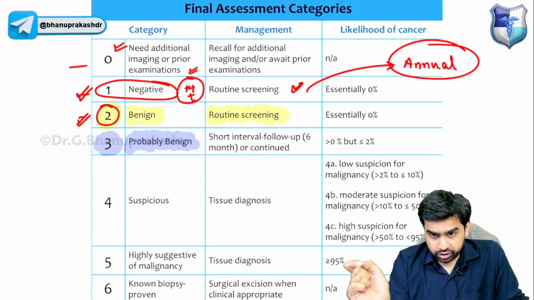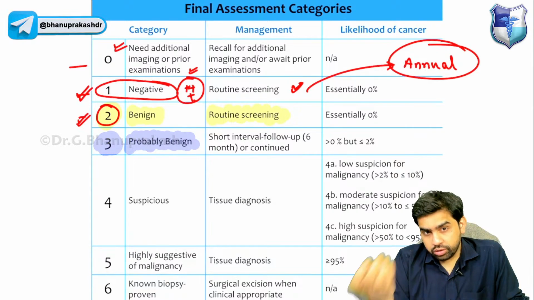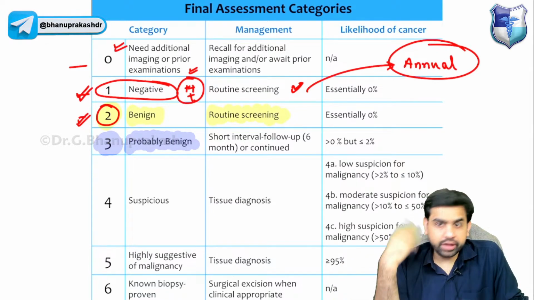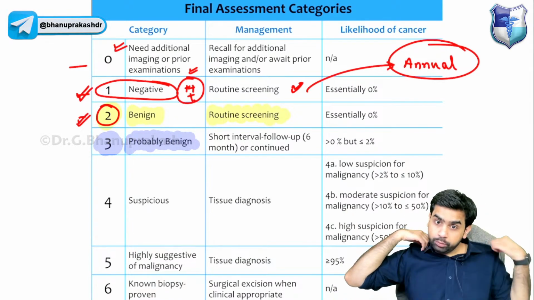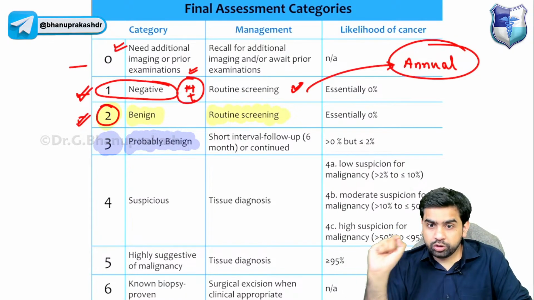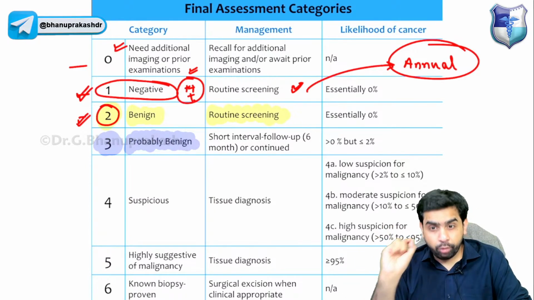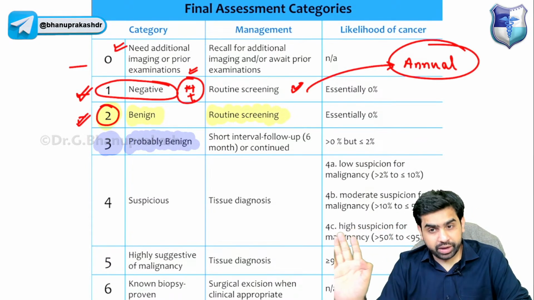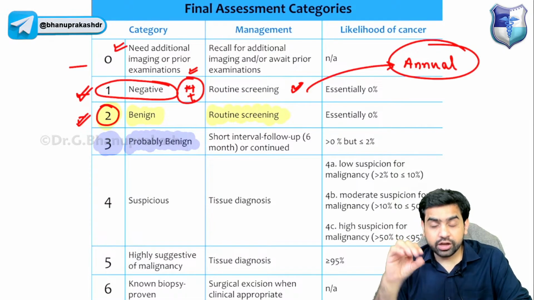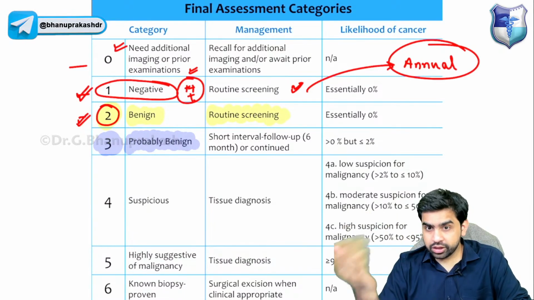In this scenario, the question I will ask you is, will you perform a biopsy? Obviously, you will say no. But in the exam, BI-RADS 3 is probably benign, more in favor of benign, but there is a risk of malignancy. So you might logically think, let's do a true cut biopsy.